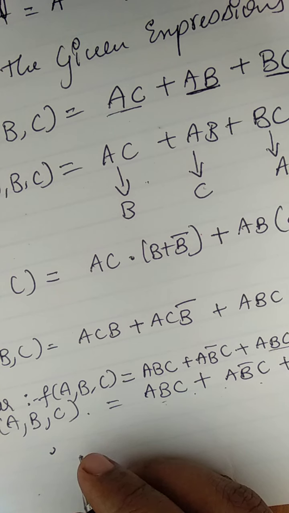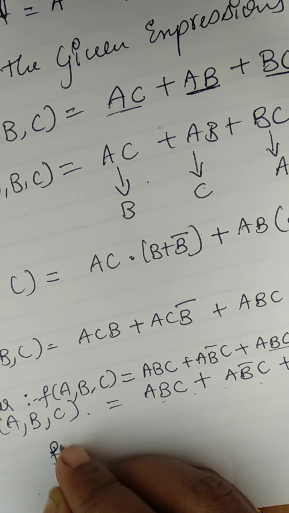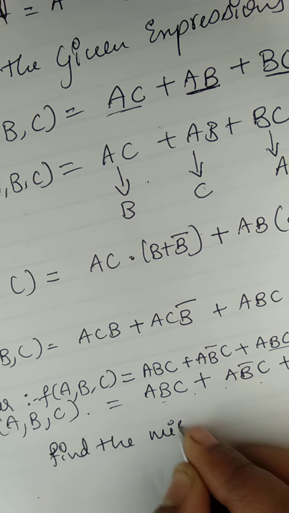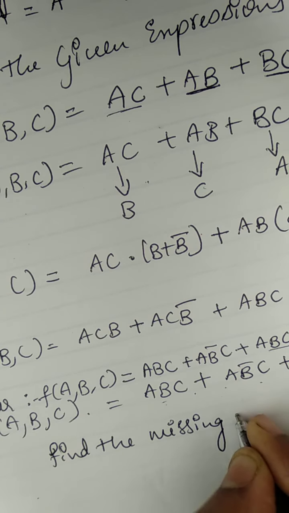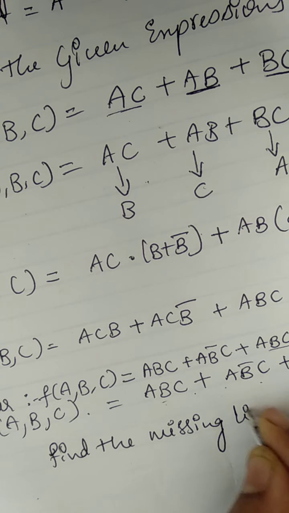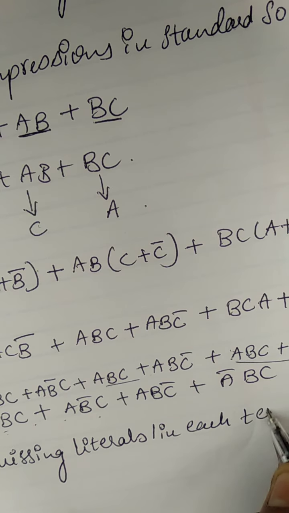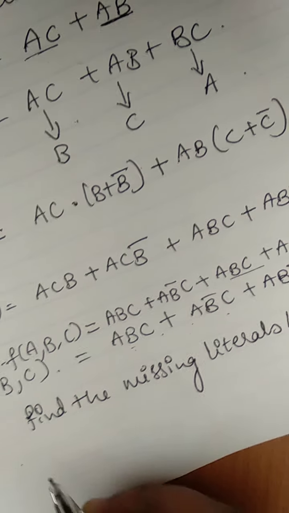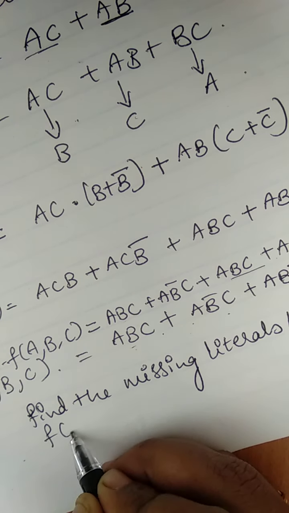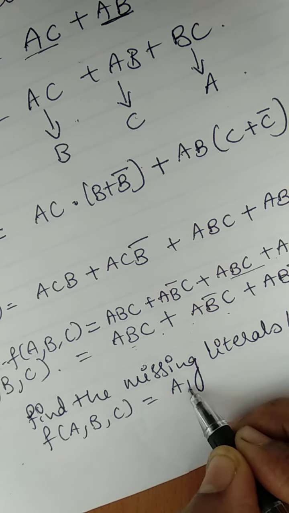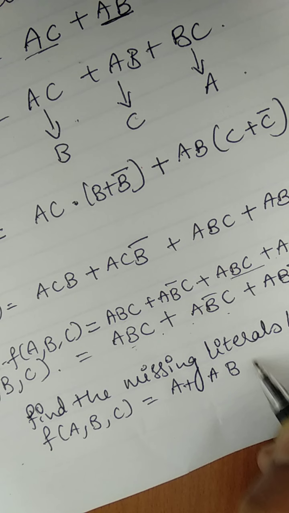Find the missing literals in each term. The example is F of A, B, C is equal to A plus ABC.